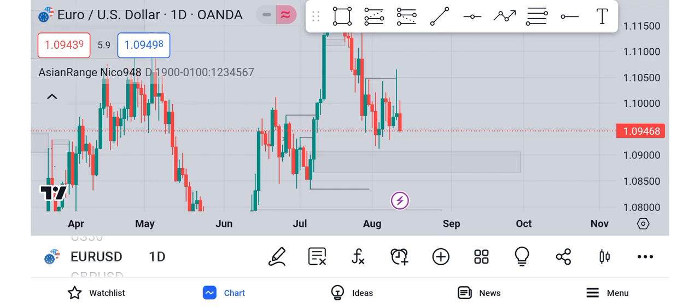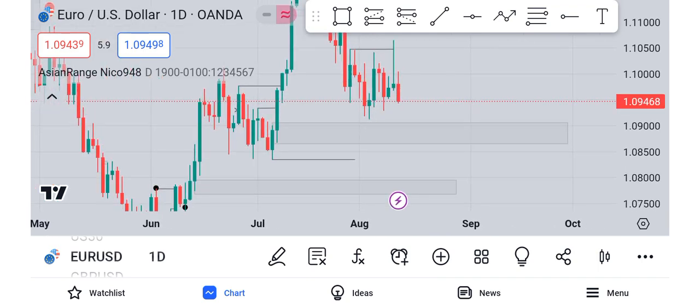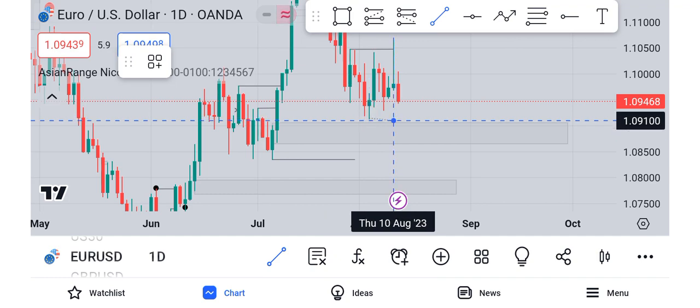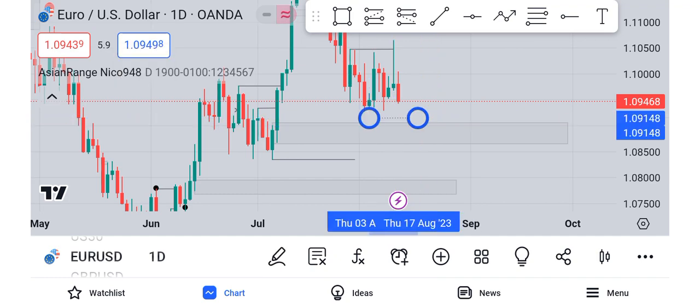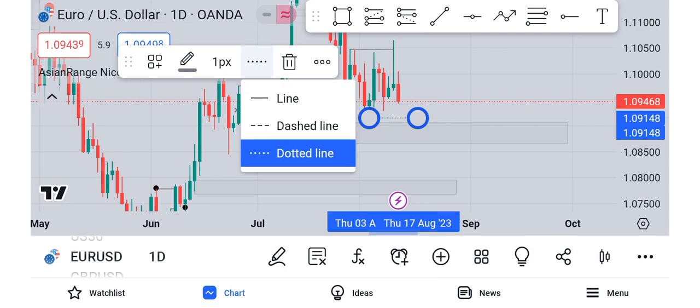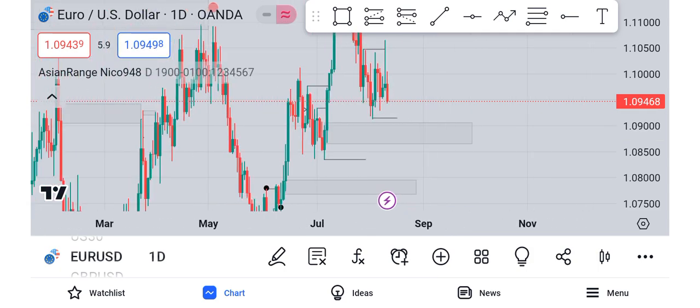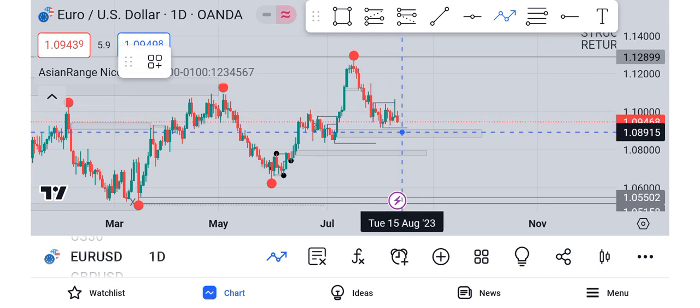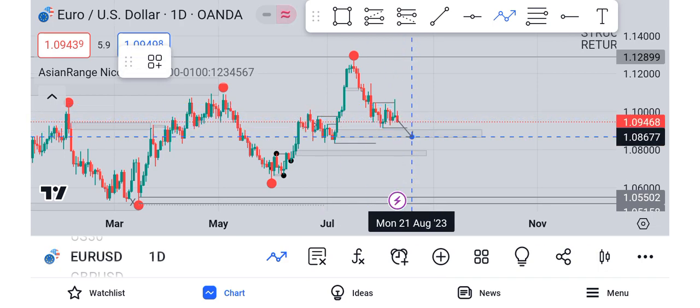So right now, I have two scenarios I'm anticipating on the daily time frame for EU. This is the first one.